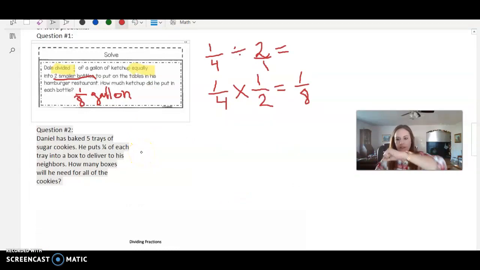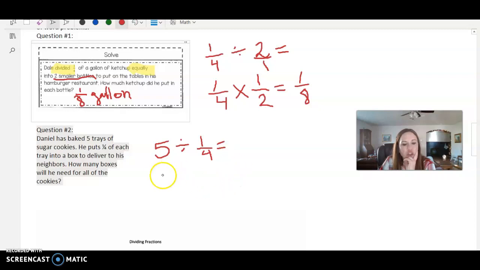So we are dividing fractions, right? So our total is 5 trays. And remember, if we're starting with a whole number, what should we end with? A whole number. Okay, so 5 is getting divided up into groups of 1/4 of a tray. And my answer will be how many groups it takes for all these cookies.